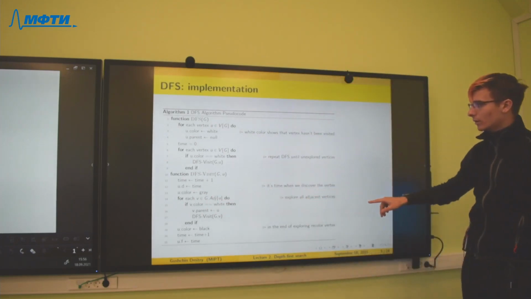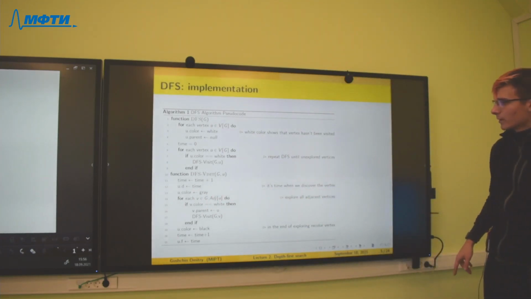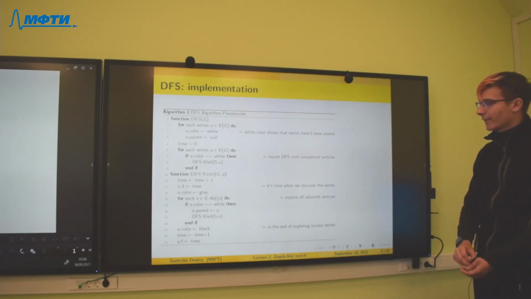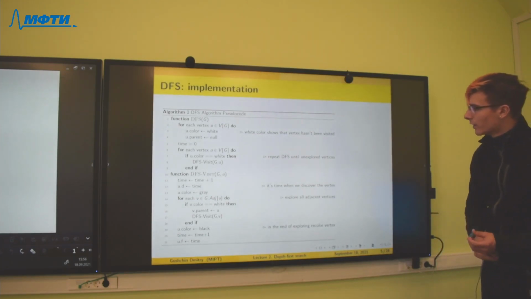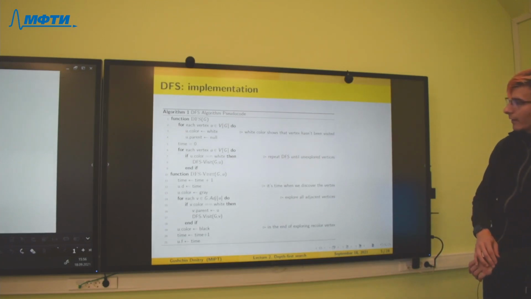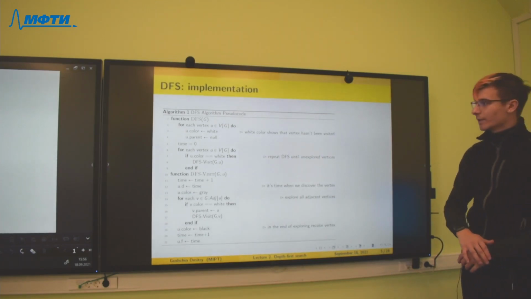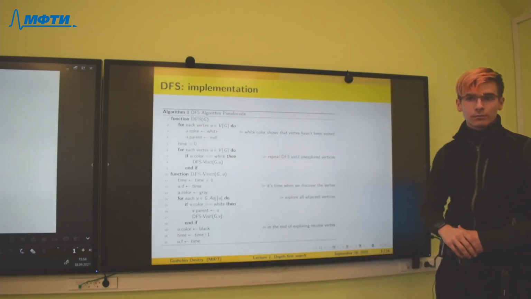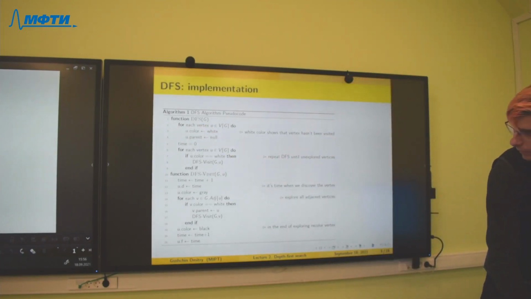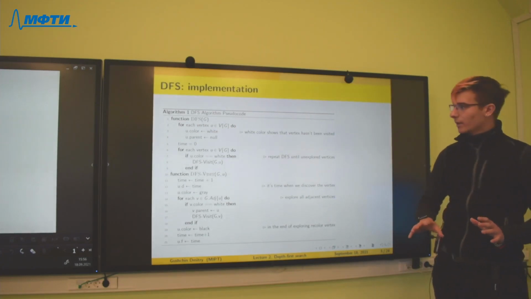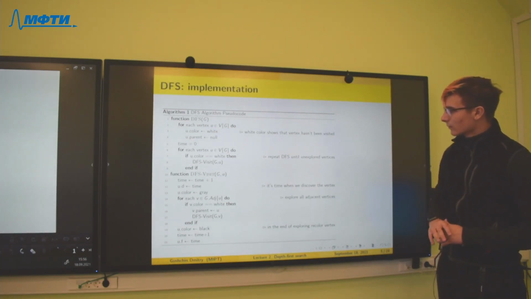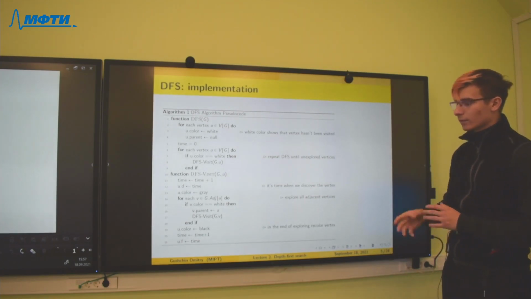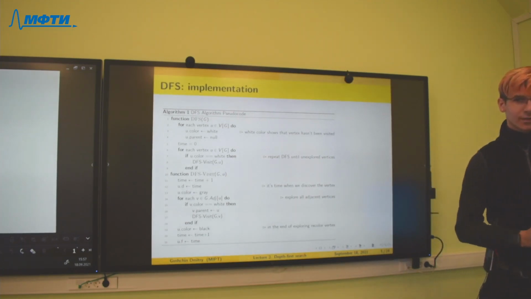So we can do a big node class and have no other arrays in the algorithm, because we store it in this node. But of course, there are other implementations of DFS, and you can use others, not this.